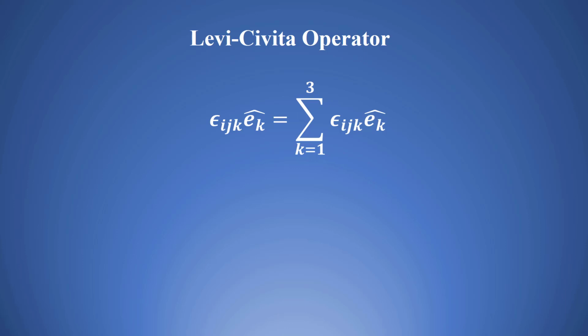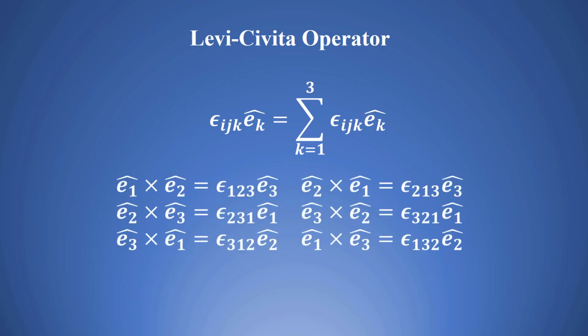From here we can write the cross product as E1 cross E2 is equal to epsilon 1, 2, 3 E3, and the same thing for the other cross products between the unit vectors.